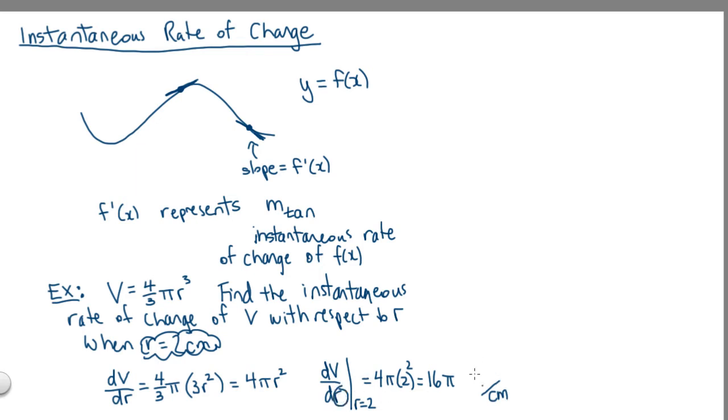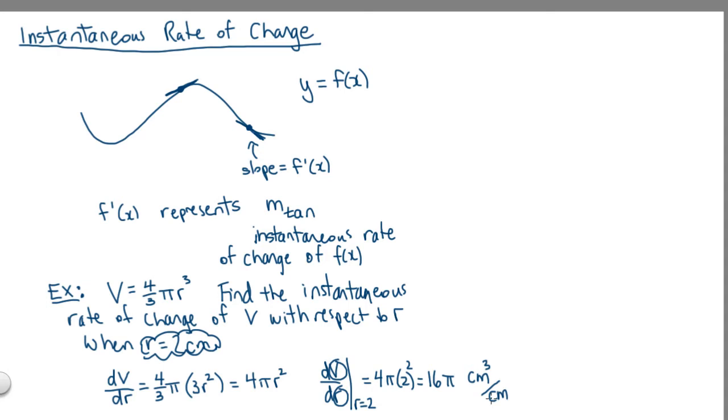And the numerator for the units is going to be whatever the units of V is. Well, if we think about volume here, volume is measured in cubed units. So if r is measured in centimeters, then volume is going to come out in centimeters cubed. So initially this looks a little bit weird, centimeters cubed over centimeter.